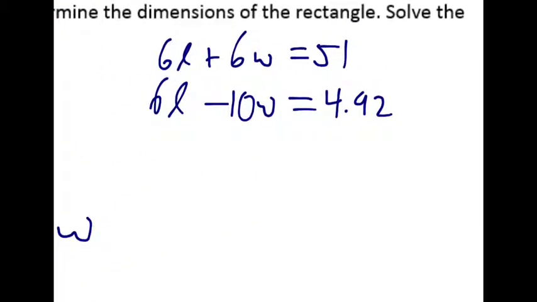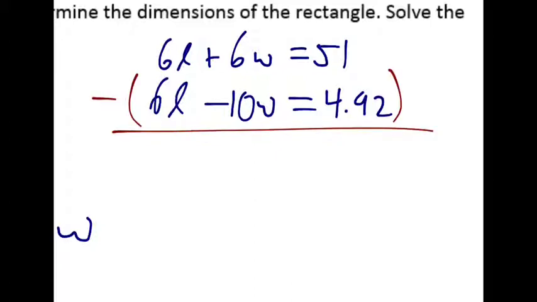Okay, so eliminating, am I adding or subtracting? Subtract. They're the same sign, so I'd subtract. So 6L minus 6L is 0. Hooray, I eliminated a variable. Be careful here: 6W minus negative 10W is 16W.